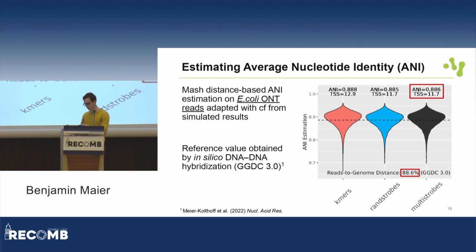Here you can observe the agreement with a gold standard reference obtained by in silico DNA hybridization, a tool called GGDC, which is known to yield the best results when estimating sequence identity. We observed the best agreement between multistrobes and this method, and also the lowest sum of squares, the lowest deviation, for multistrobes.